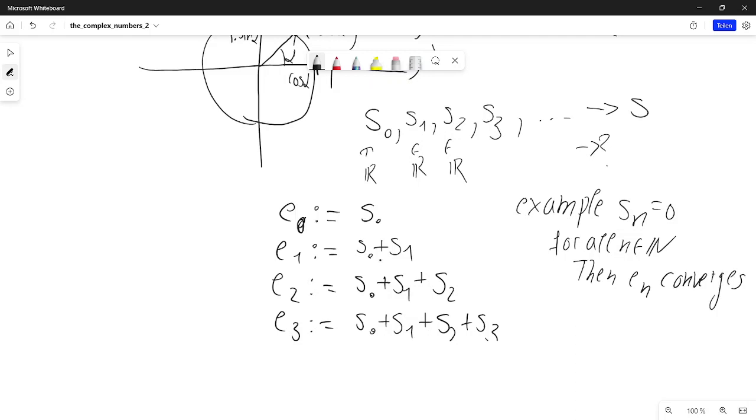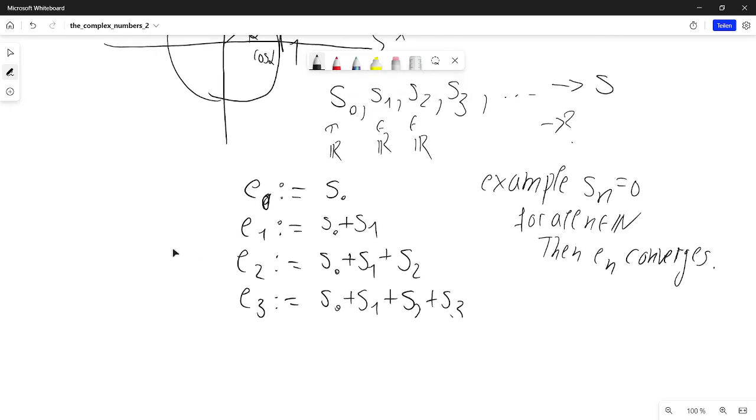It just converges to 0 because it's constantly 0. Alright, and then it goes on, and this might converge.